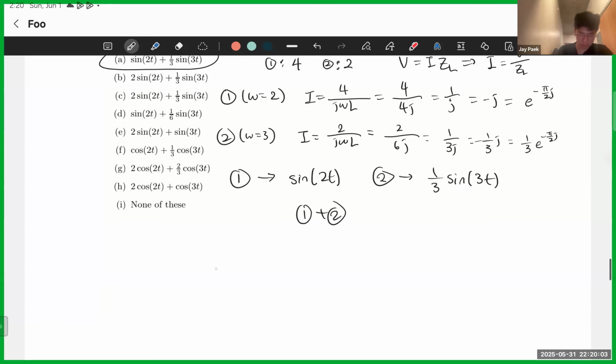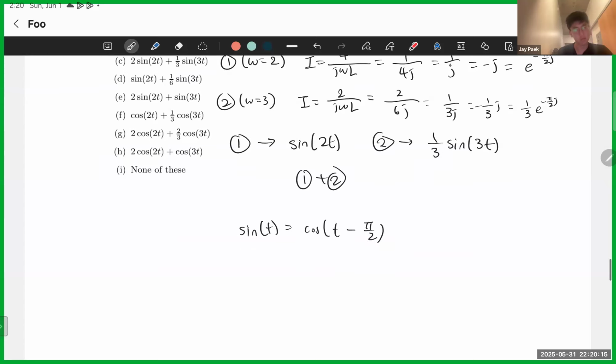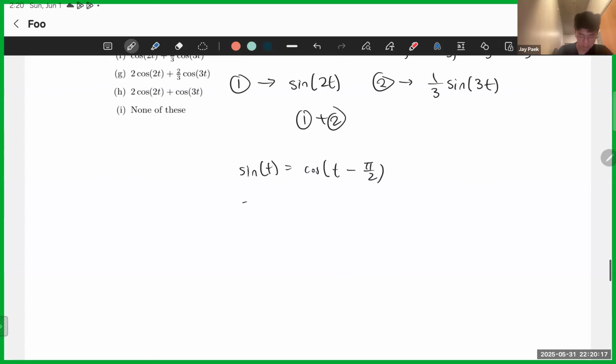I believe that it is indeed. See, sine of t is equal to cosine of t minus pi over 2, because sine of 0 is equal to cosine of negative pi over 2, and then it follows indefinitely.